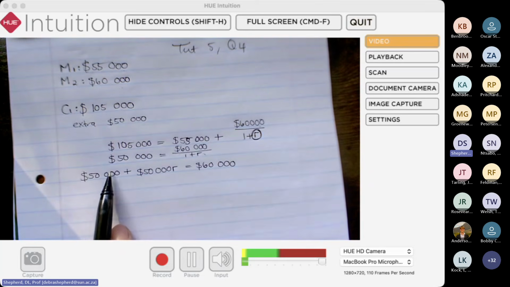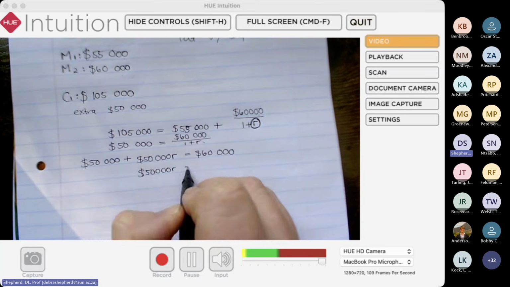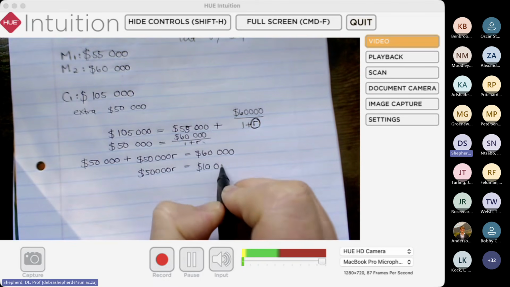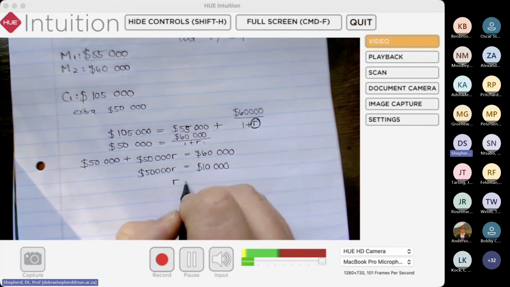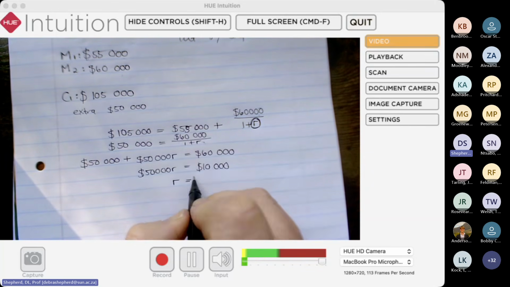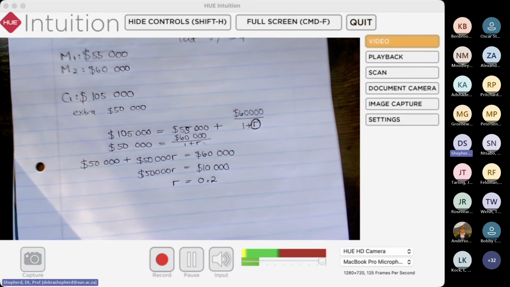I then deduct 50,000 from both sides, so 50,000 R is equal to 10,000. Now I divide both sides by 50,000, so R is equal to 10,000 divided by 50,000, which is 0.2. So the maximum interest rate that would allow her to spend 105,000 in the current period is 20%.